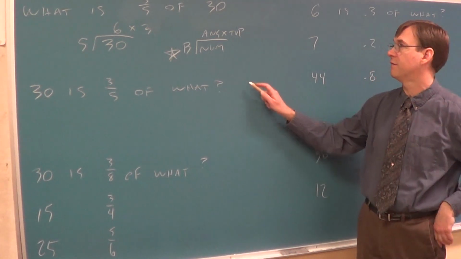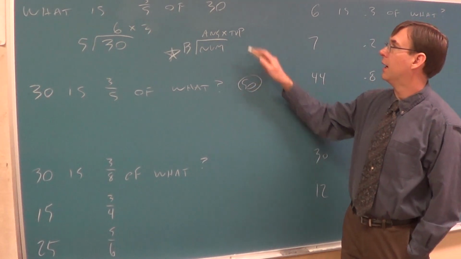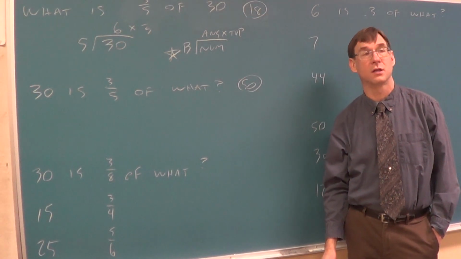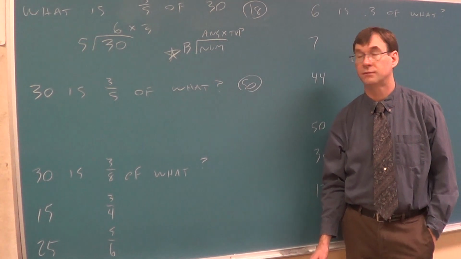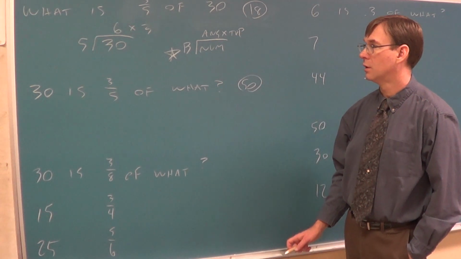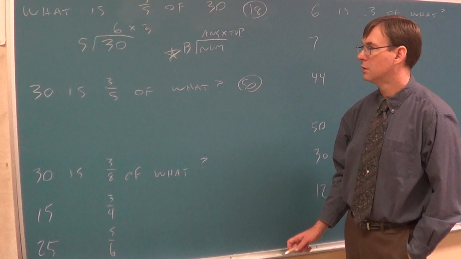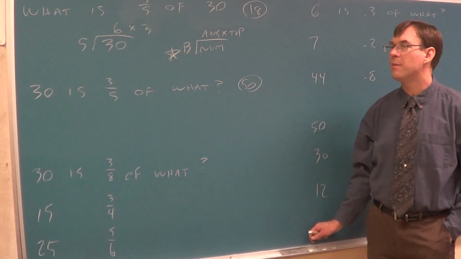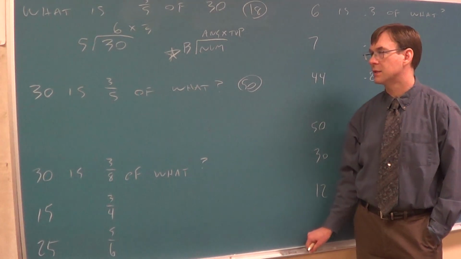It would be 50. Can anybody figure out a path to that 50 that he just got us to? You could multiply the 3/5 by like 10. Like 10 times 3 and 5 times 10. Yeah, maybe. That wouldn't maybe work every time, but I see what you did there.